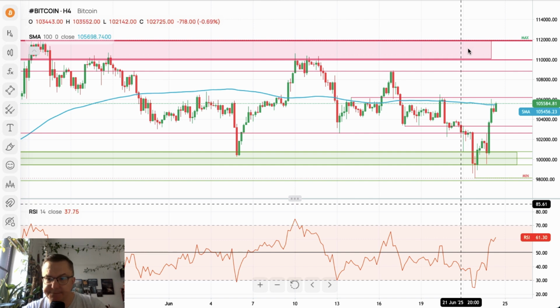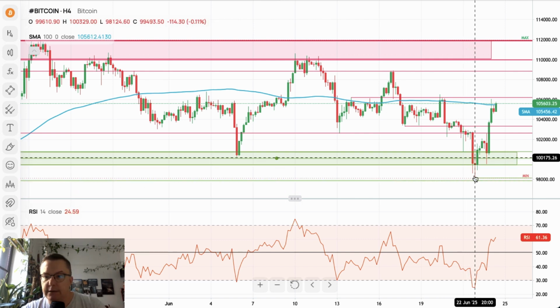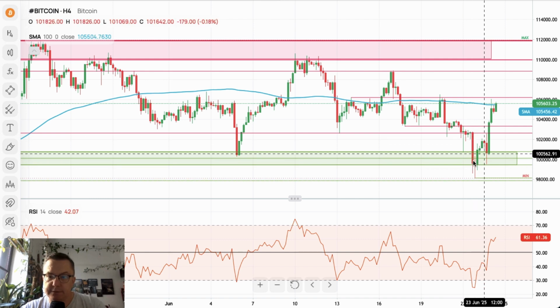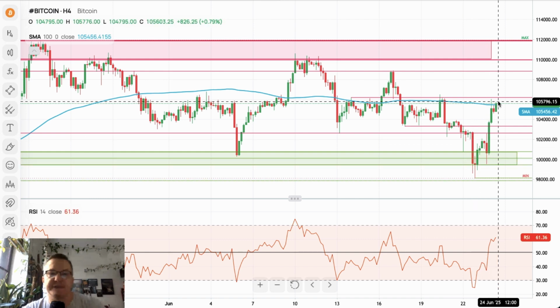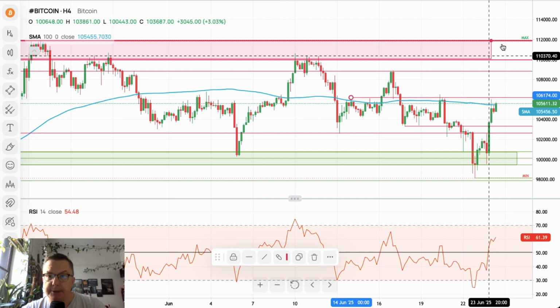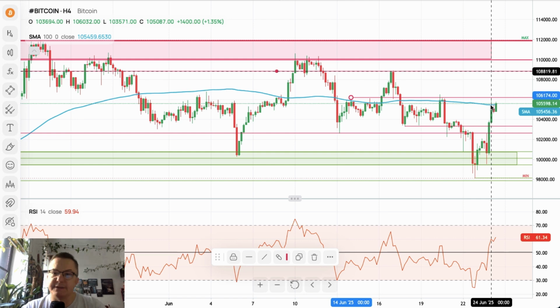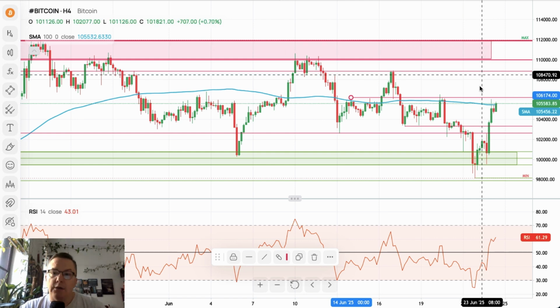It looks like after the breakout below the demand zone, the bulls stepped in and pushed the prices back towards these recent levels. It looks like the Bitcoin wants to go higher and is about to break above the technical resistance and test the supply zone.